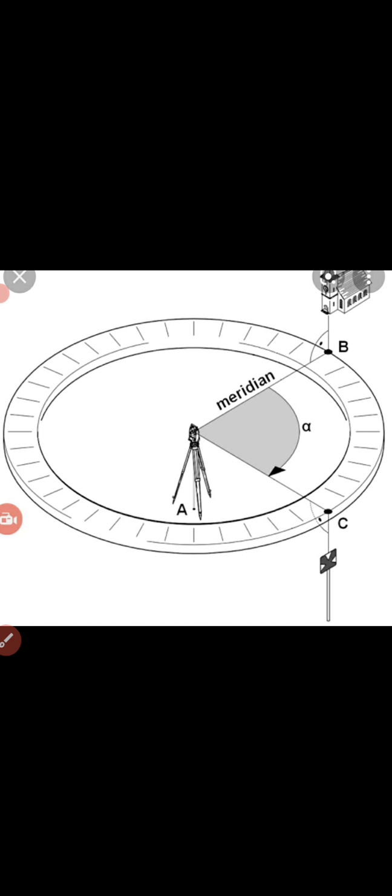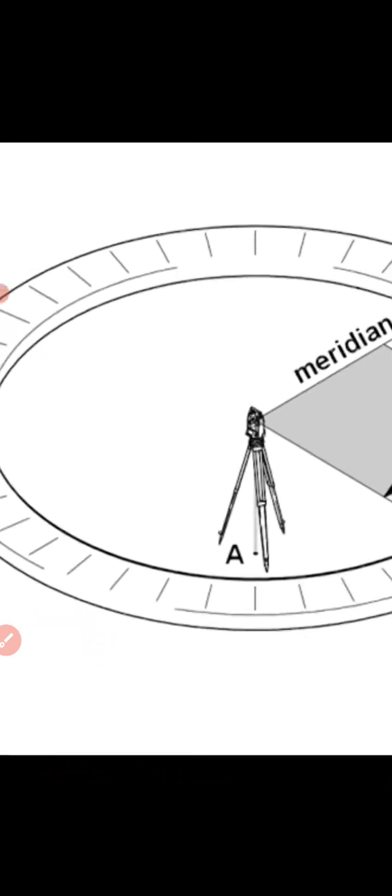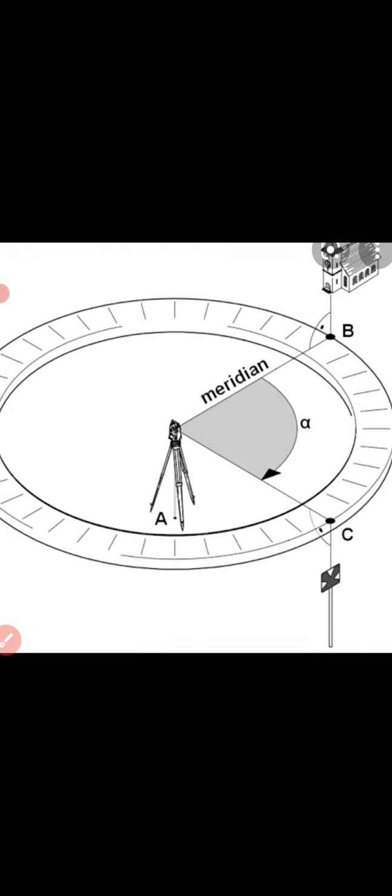So divide it by the number of repetitions. Here we have done it 3 times, so the total angle divided by 3, you will get the angle CAB. So in the left face right swing, we have measured the angle BAC 3 times. Divided by the number of repetitions, you will get the angle BAC.